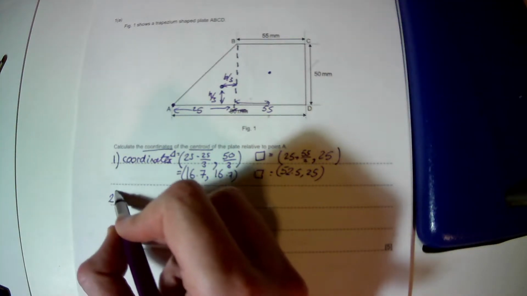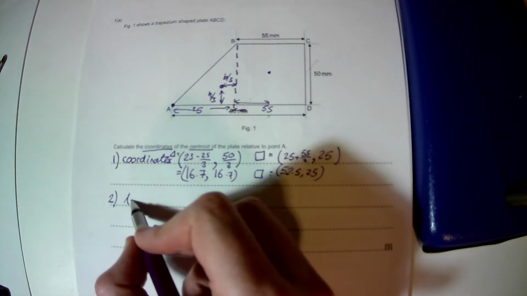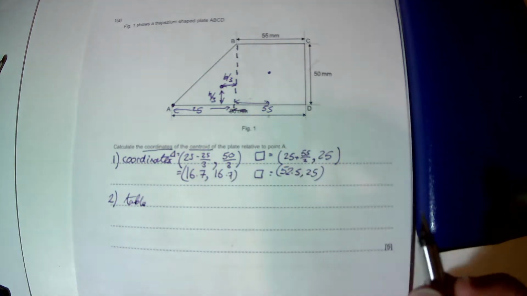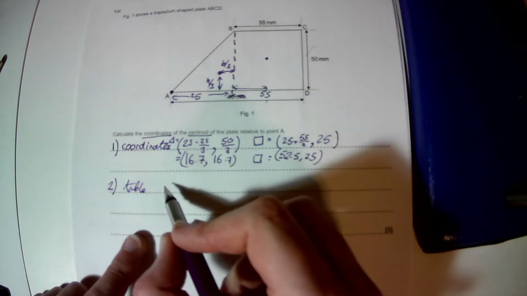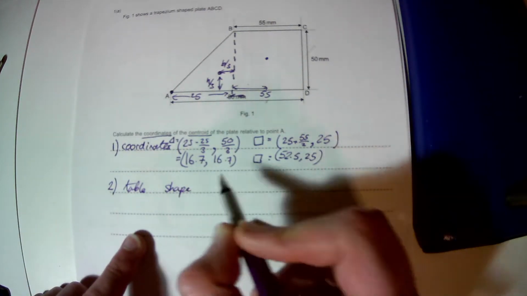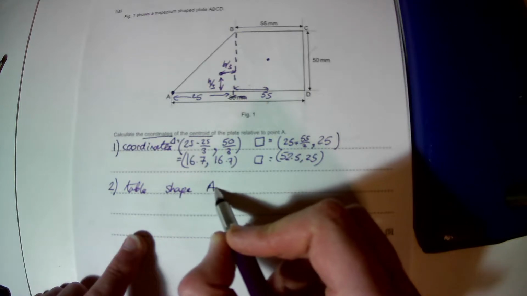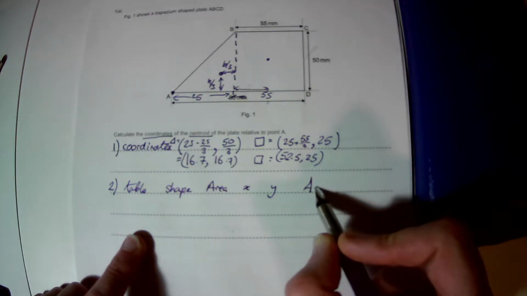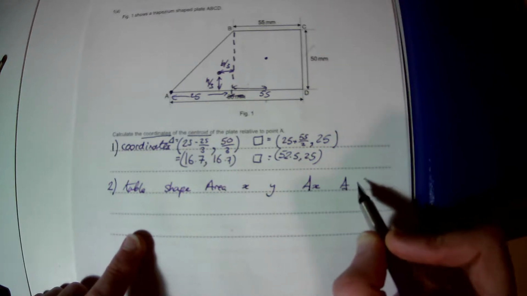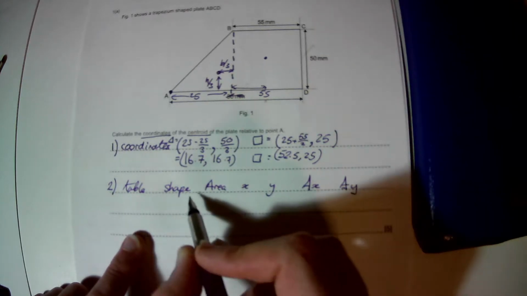Then our next step is we would need to combine these either using the table method or the moments of area method. The table method, which we're probably familiar with, we set up a table with the shape, the area, the x, the y, the area times the x, and the area times the y.